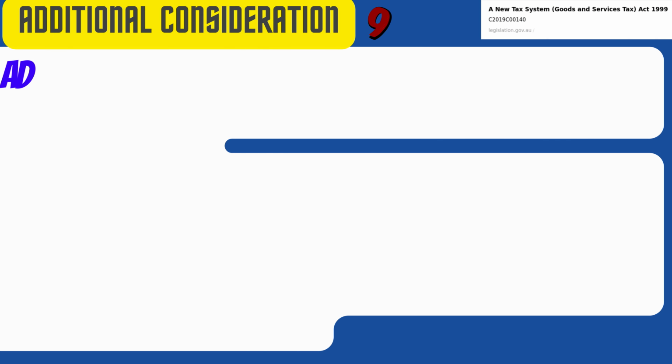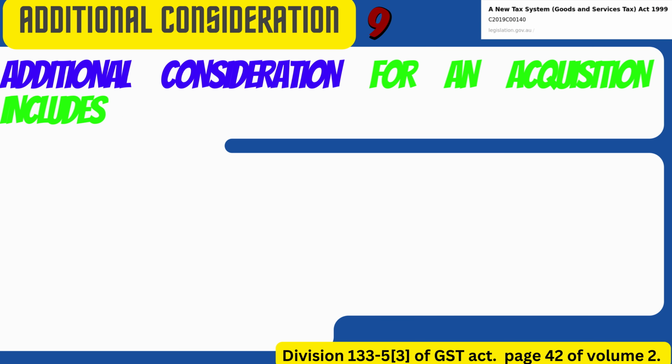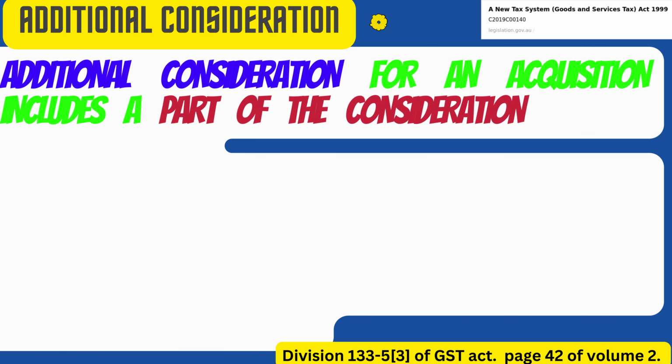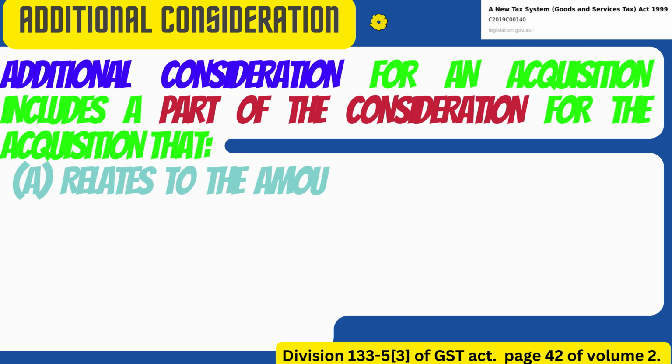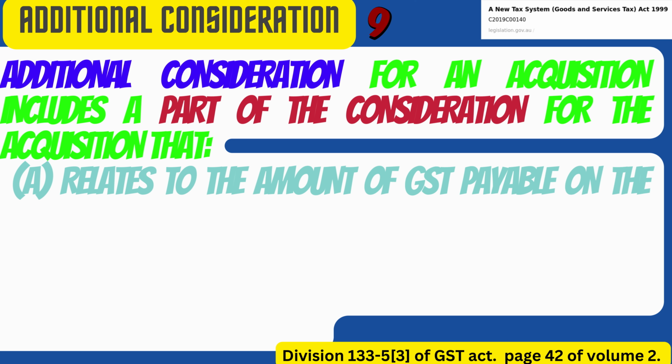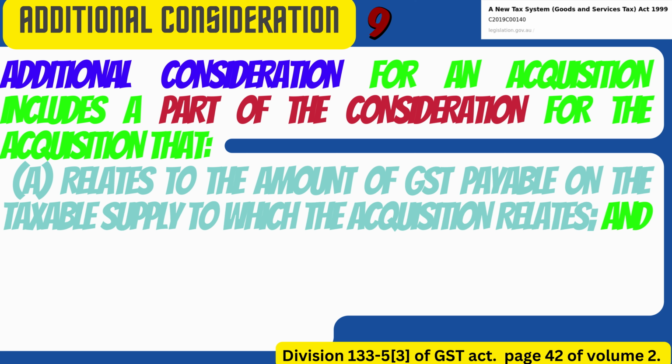Word number 9. Additional consideration. You can find more information on additional consideration in Division 133-5(3) of the GST Act. You can find this division on page 42 of Volume 2.